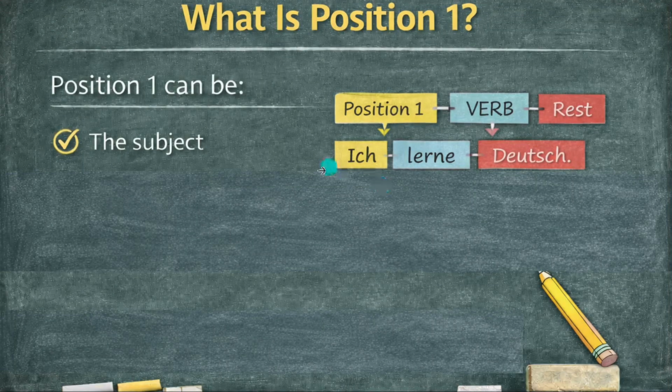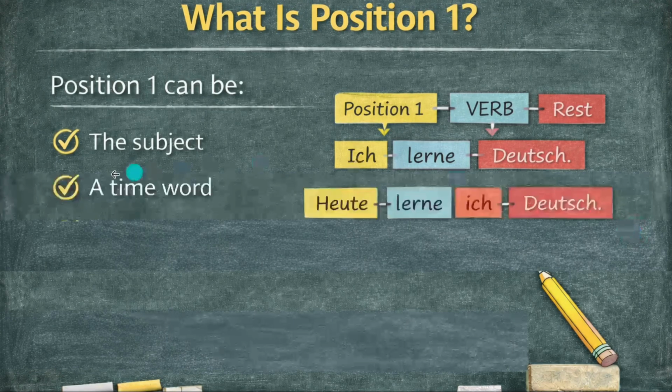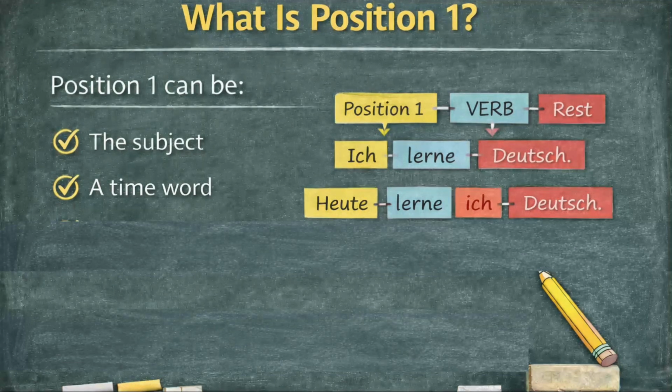For you to understand more about personal pronouns, there's a lesson I covered on personal pronouns extensively on my website. Go and check it out. In the first position, we can also have a time word. It can be a specific time, like 6 Uhr, meaning at 6 o'clock.